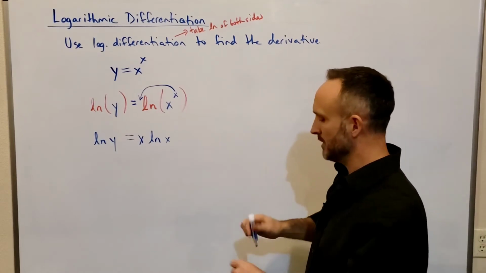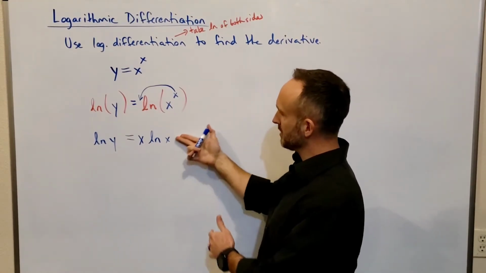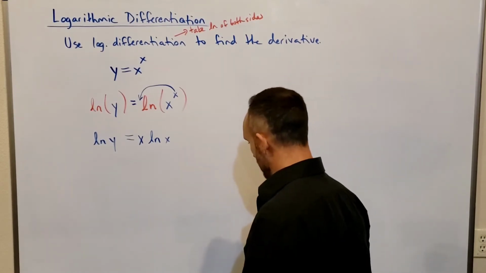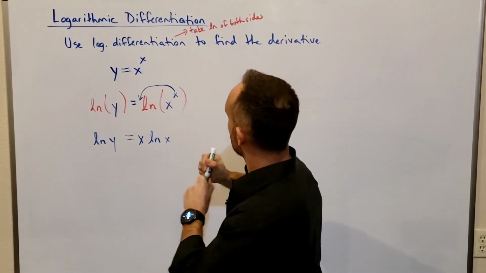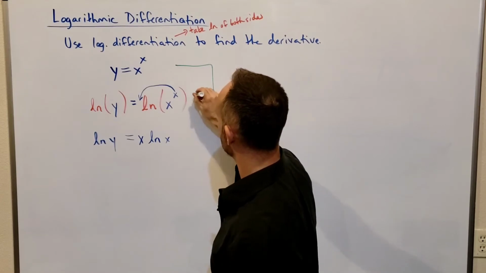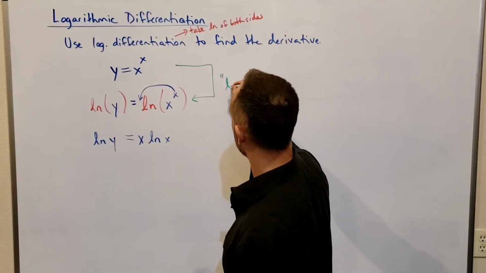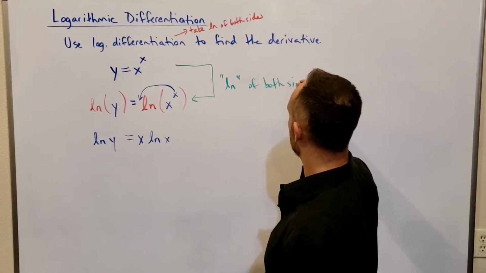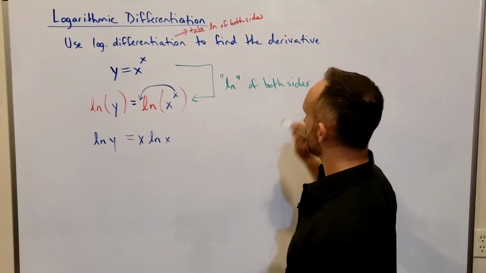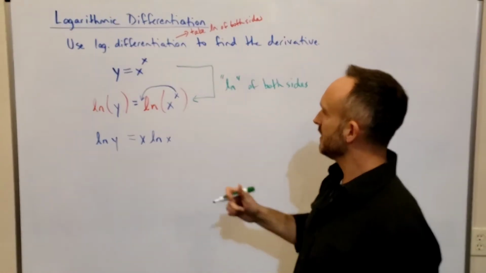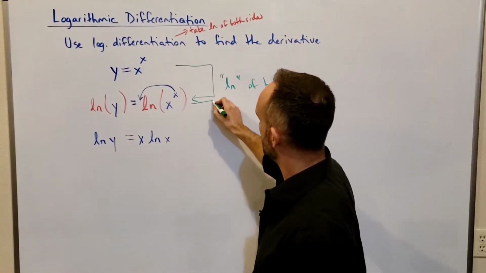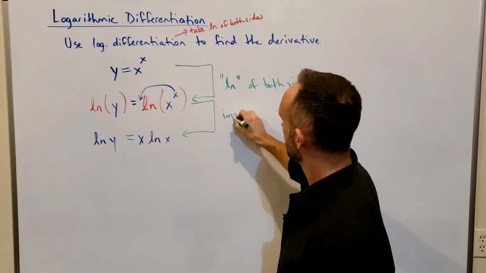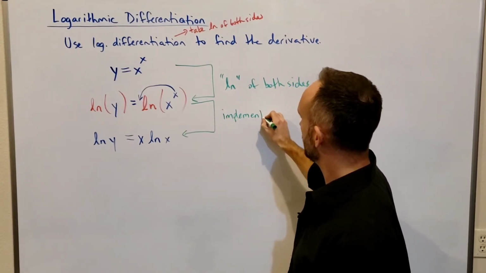Now let's write out some steps here. What did we do? From step 1 to step 2, we took the natural log of both sides. That's common to every logarithmic differentiation problem that you're going to work. Then from step 2 to step 3, you're going to implement the log laws.